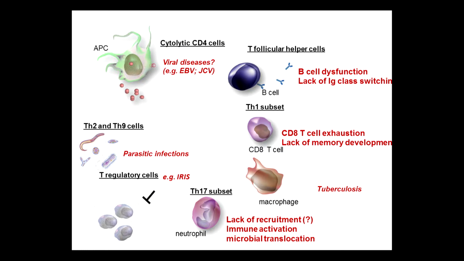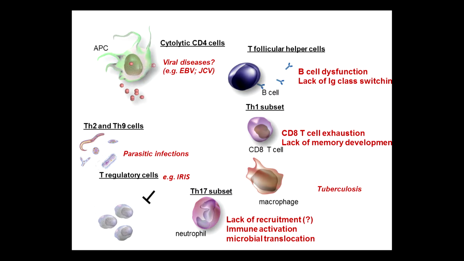And with this loss of CD4 T cells over time, we can see those changes in the immune system in HIV infection. So we have many pathological functions or immune system dysfunctions coming up that are associated with a lack or loss of certain CD4 T cell subsets or with the dysfunction of those CD4 T cells. In the T follicular helper cell compartment, we are seeing B cell dysfunction, a perturbation of the B cells, a lack of immunoglobulin class switching.